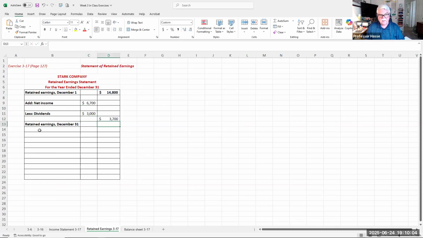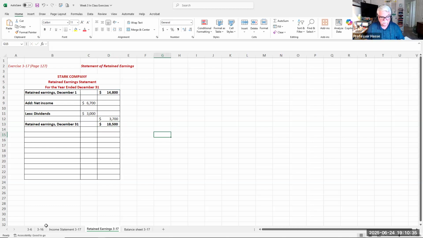So our retained earnings balance at the end of December 31st is the beginning balance plus the gain, profits less dividends, $18,500 ending retained earnings balance. Again, the $14,800 is given in the problem as the balance at the end of the previous year. So this is a balance sheet account, so it transfers in to the next year.